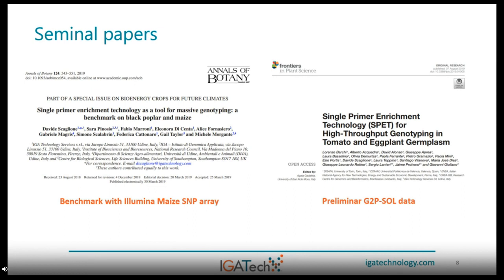And another paper in Frontiers in Plant Science, published by Barchi and co-workers, where we were involved in the genotyping of thousands of eggplant and tomato accessions. So I suggest you give a look at those papers because they really prove the effectiveness of the technology in providing large genotyping datasets.